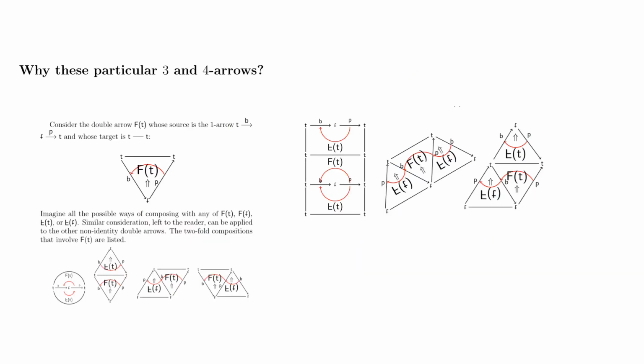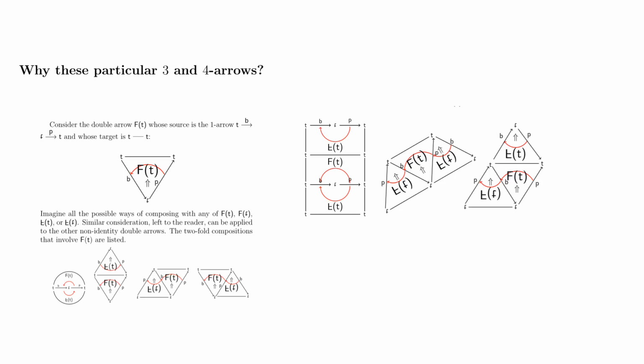Okay, so why these particular 3 and 4 arrows? The reason is, well, let's just consider one of the f's. So we're going to consider capital F of t. This is from the composition BP to the identity on t. And then just figure out all the different ways that we can compose that. So we can either compose it with an upside down F of t on top of it.